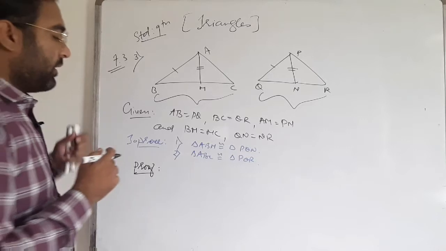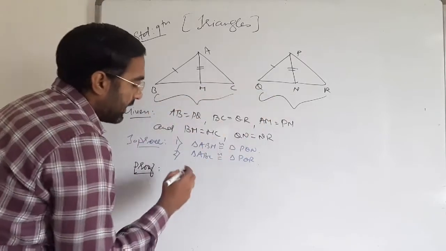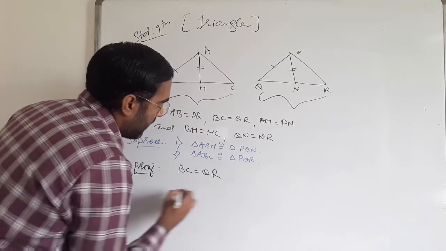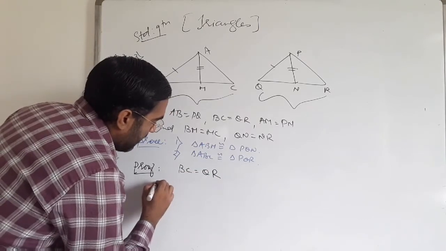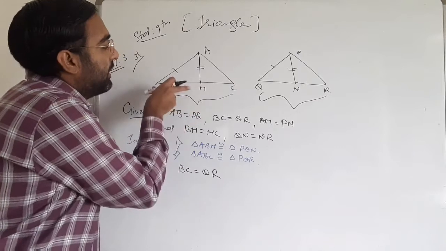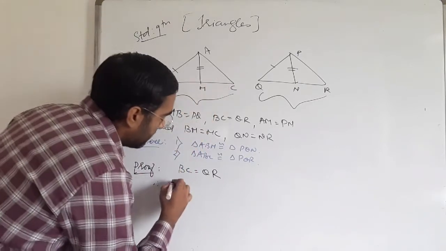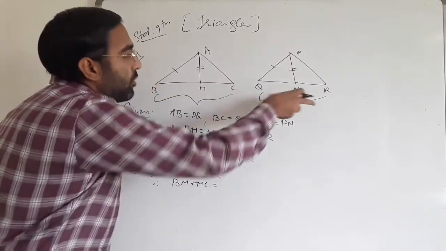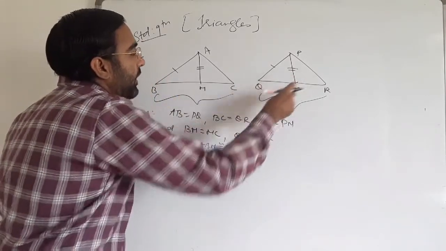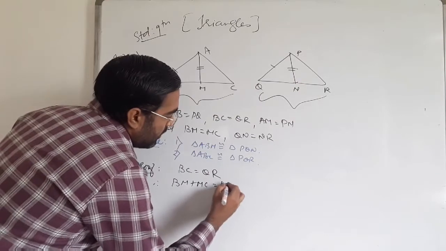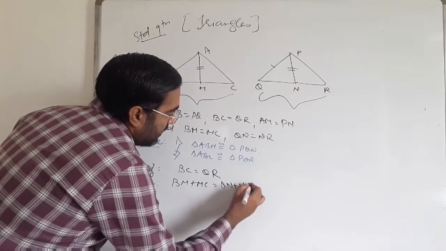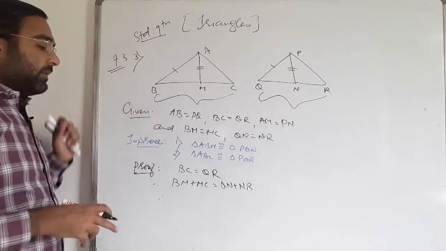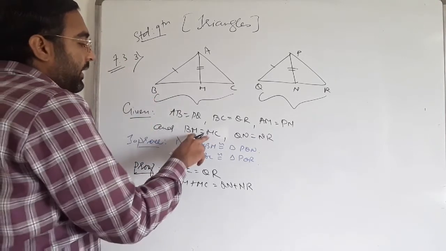So for that, here BC and QR are given equal. BC is equal to QR. Now BC is divided into two parts, BM and MC, so BM plus MC is equal to QR, which is divided into two parts, QN plus NR. Now BM and MC are equal, that is also given.